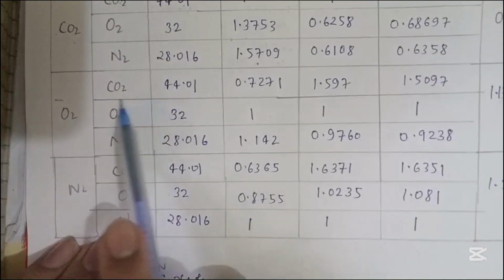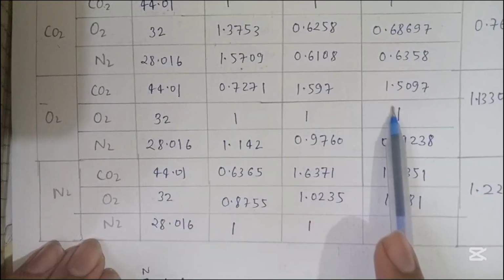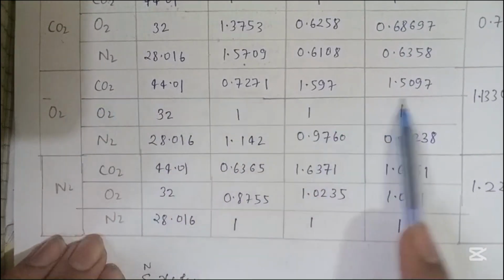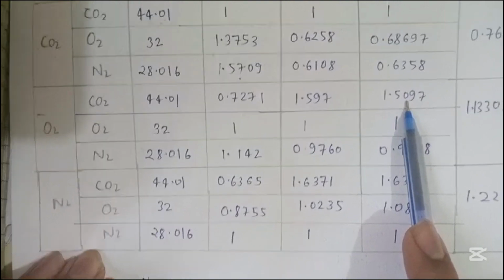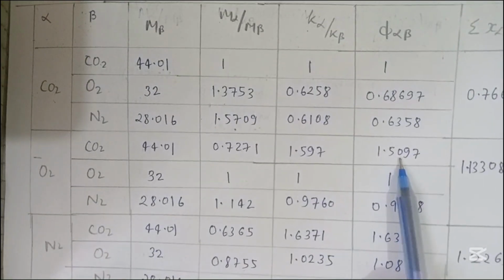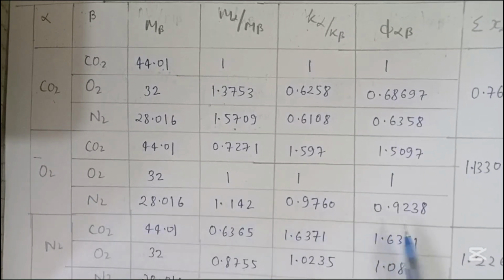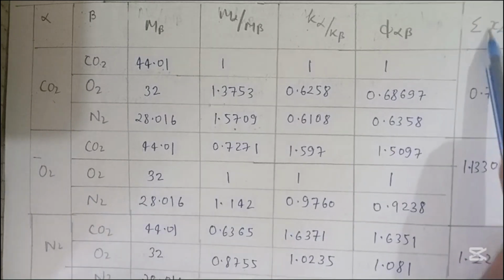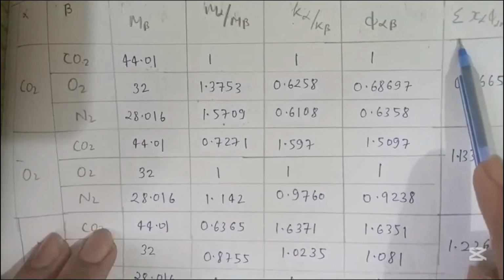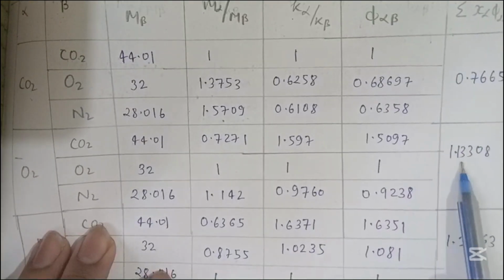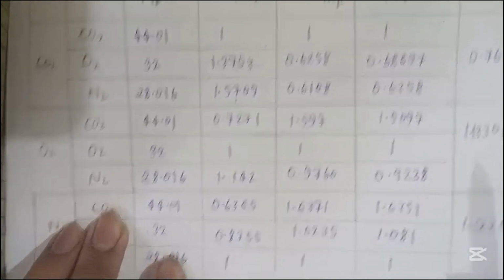For O2, the phi AB value for O2 to CO2 is 1.5097, O2 to O2 is 1, O2 to N2 is 0.9238, and the sigma value is 1.13308.